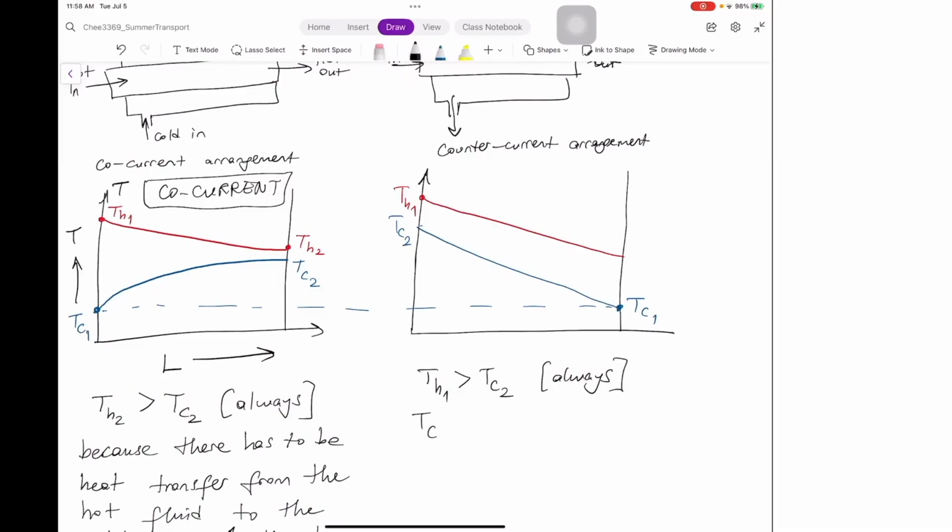But TC2, the outgoing cold temperature, can be less than or greater than or equal to TH2, right?